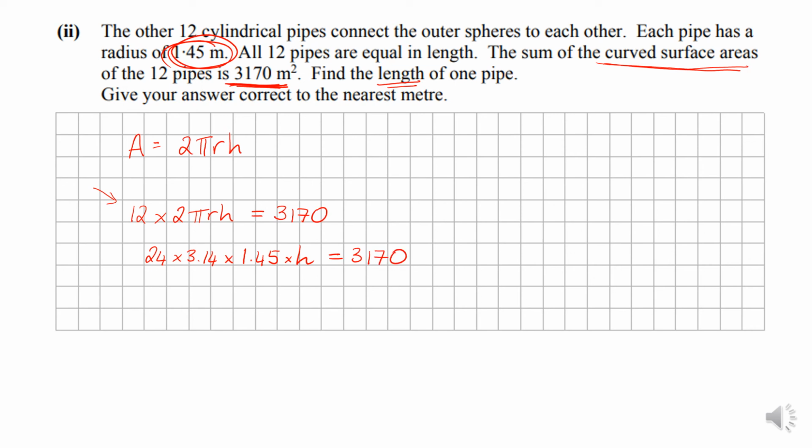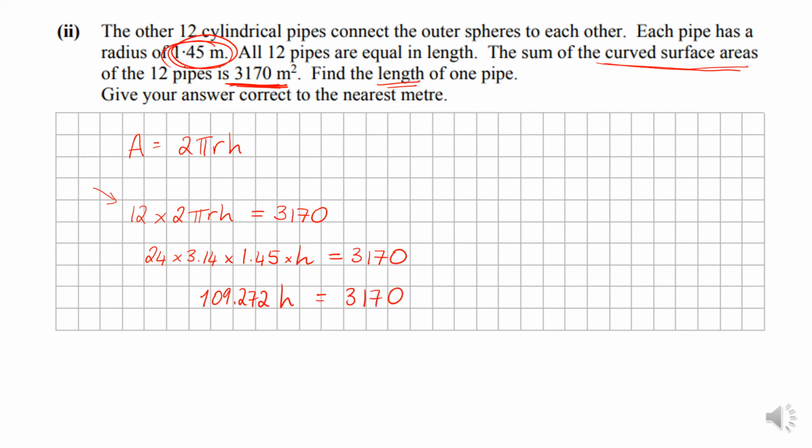Okay, so the next step will be to simplify. Let's multiply all those numbers on the left. 24 multiplied by 3.14 multiplied by 1.45 gives me 109.272 h equals 3170.